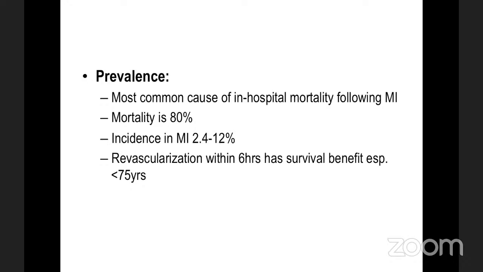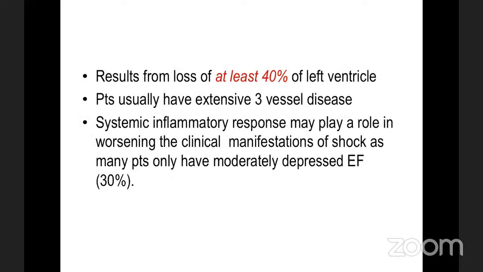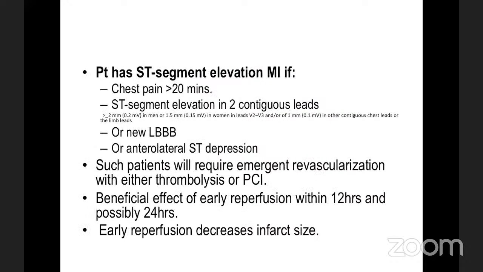Revascularization within 6 hours has a survival benefit, especially if the patient is younger than 75. Cardiogenic shock is due to the loss of at least 40% of the left ventricle, and patients usually have extensive three-vessel disease.